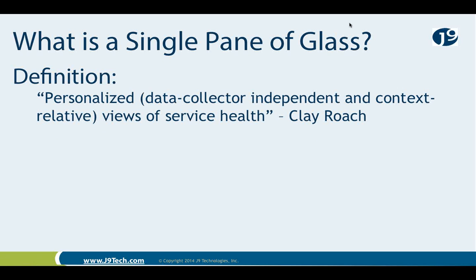Really, the pane of glass is about presenting a personalized or very specific view into the IT system's health that is not only data collector independent, but also context relative, and presents a view of the overall service health.